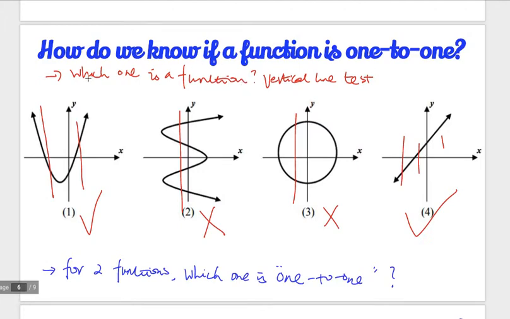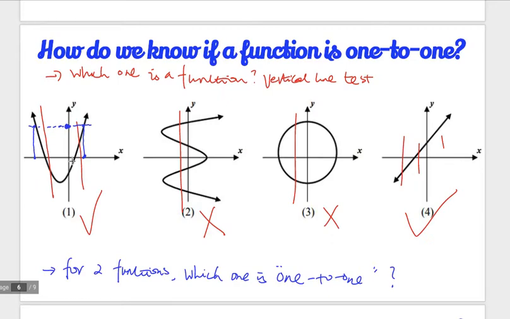So let's check the first one here. Let's say I want to see this value and this value. We are looking at different x values, right? One is on the left side, one is on the right side. But if I draw the line here, you see both x values lead to the same y.